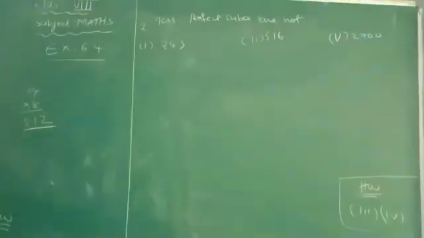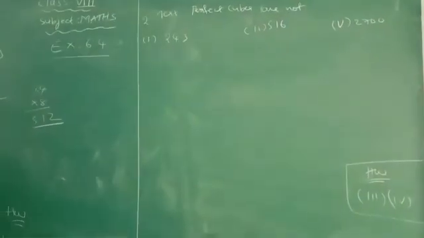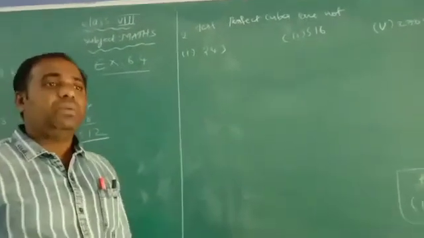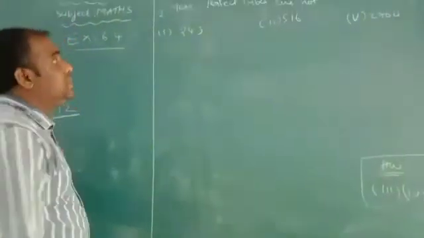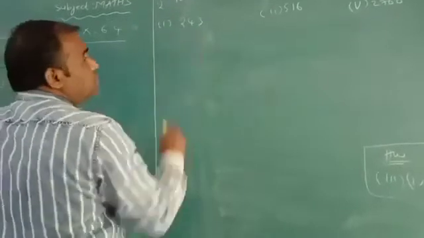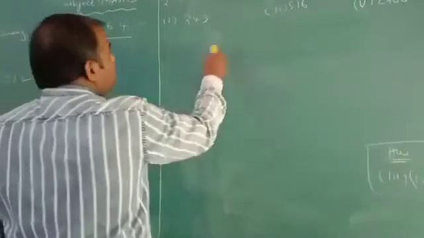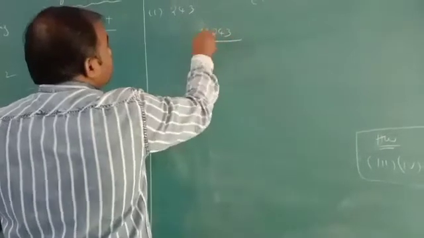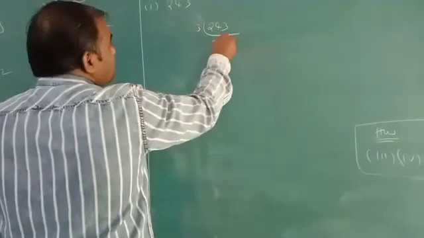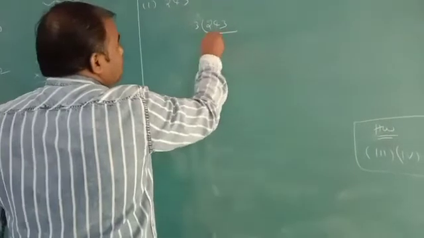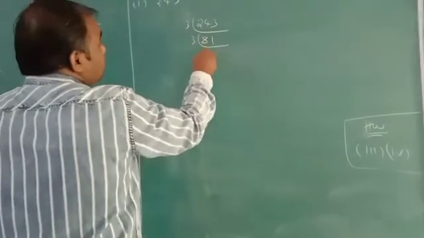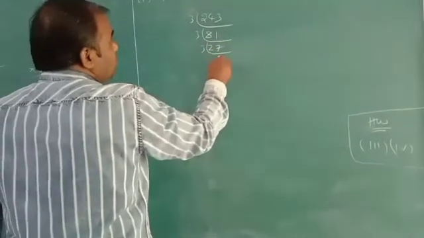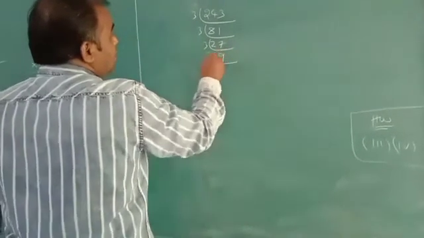How to find the perfect cube, what does it mean? A perfect cube means a number repeating 3 times by itself only. See here, 243, what is coming here? Do the LCM, beta. 243 divided by 3 is 81, 81 divided by 3 is 27, 27 divided by 3 is 9, 9 divided by 3 is 3.